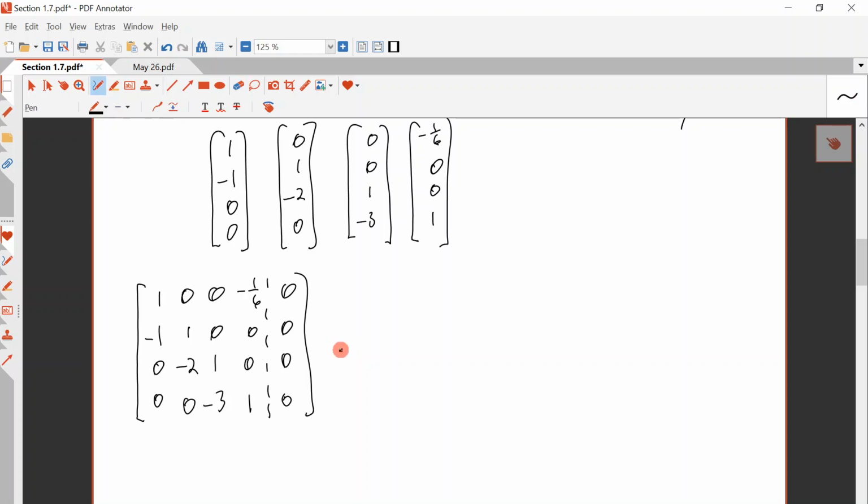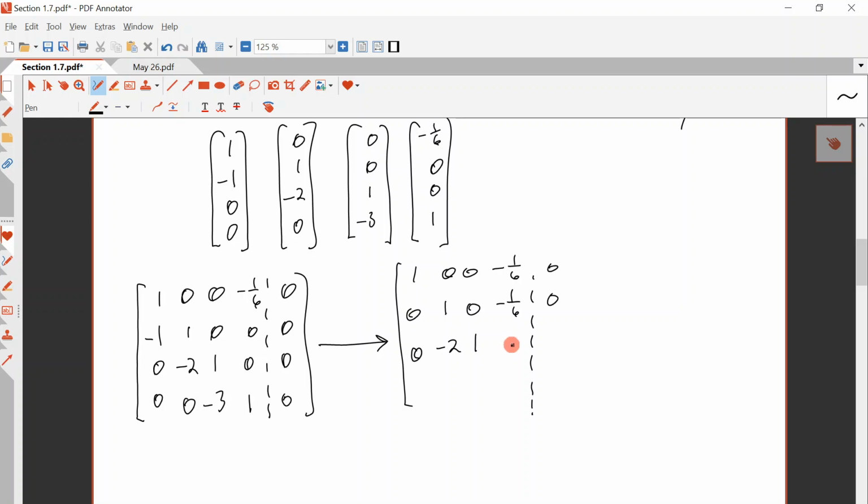Okay, so I'm going to do my row operations here. So I'm going to add row 1 to row 2. So that's 0, 1, 0, minus 1/6. And then 0, minus 2, 1, 0, 0, 0, minus 3, 1.